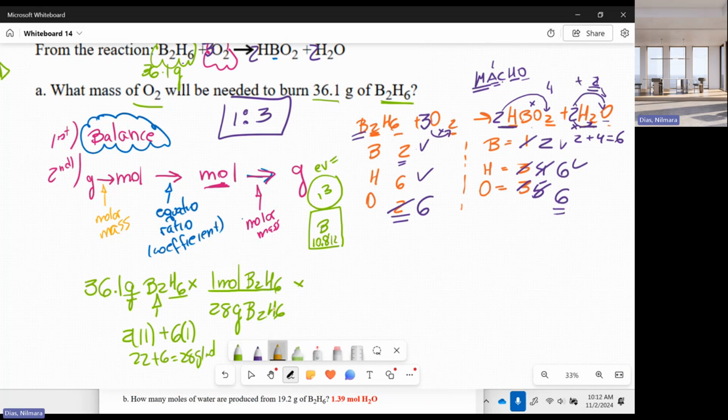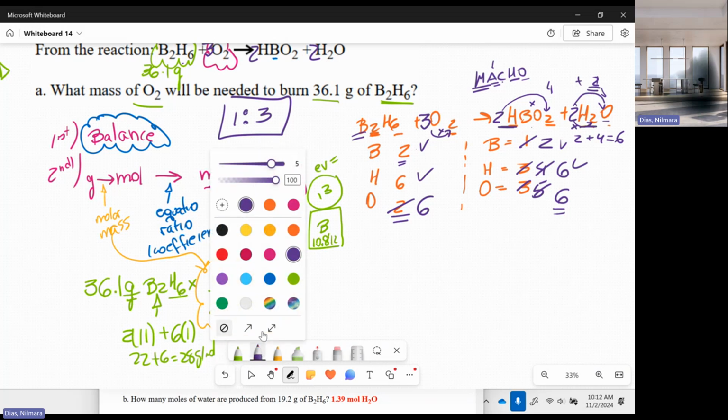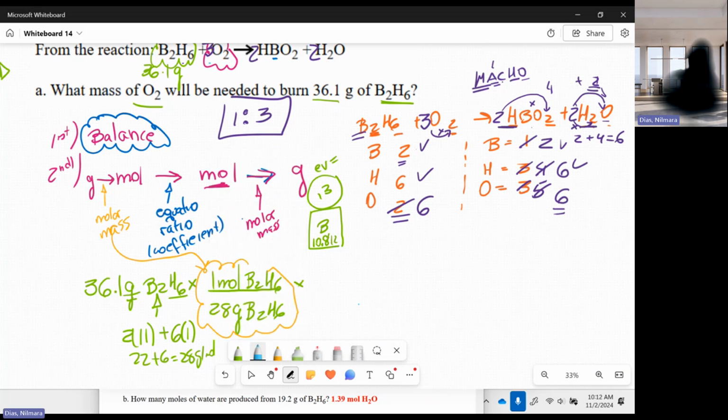Great, right? So this is the part that I showed over here. Now I need the equation ratio, because what I need to find is the oxygen. So 3 moles of oxygen will react with 1 mole of B2H6.